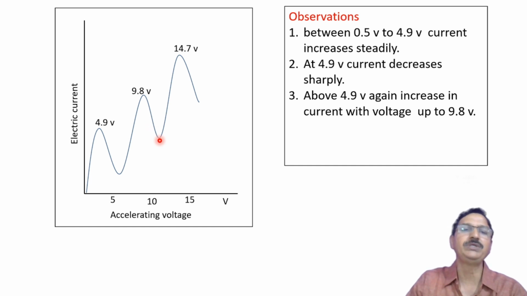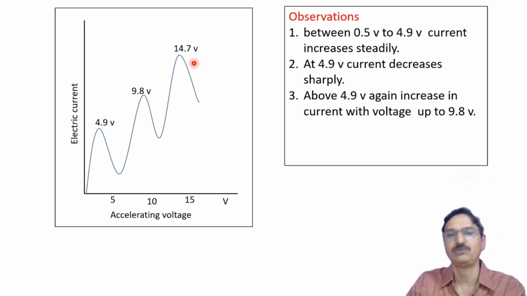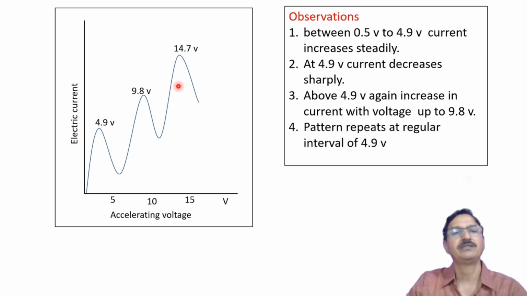After that, if we increase the voltage above 9.8 volt, again the same pattern is repeated. Current increases steadily up to 14.7 volt. That is, the same pattern is repeated at regular intervals of 4.9 volt. So these facts were explained by Franck and Hertz.